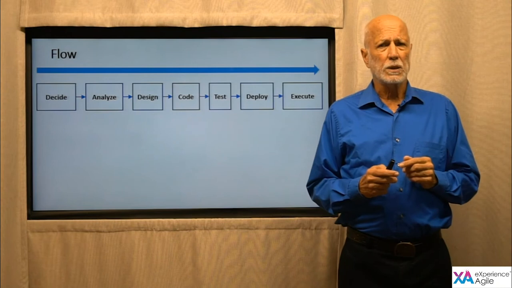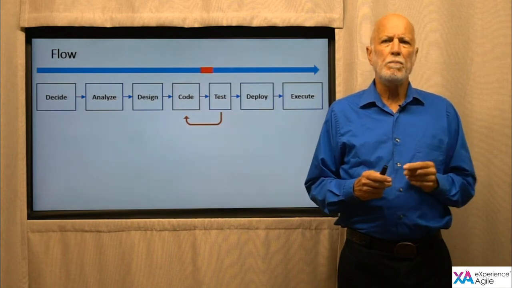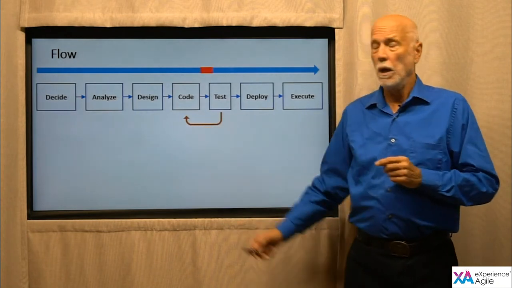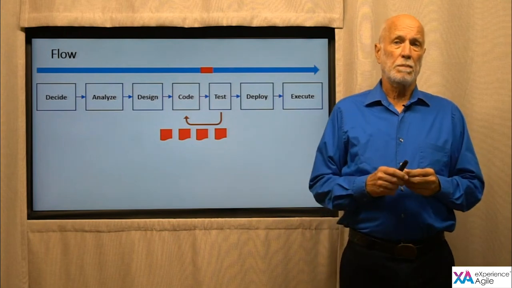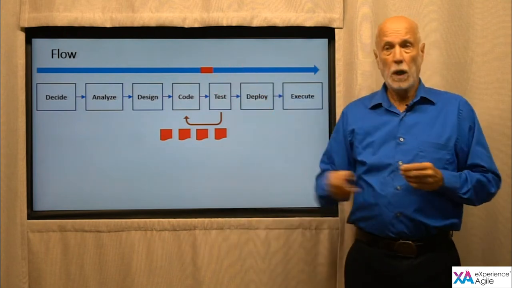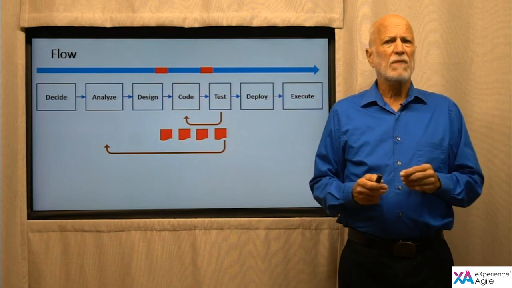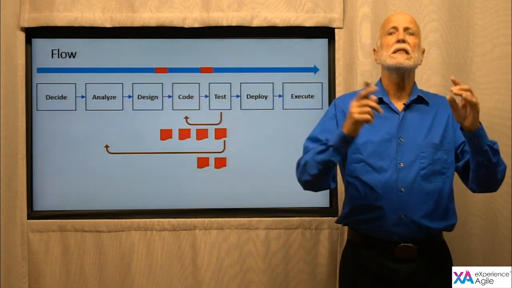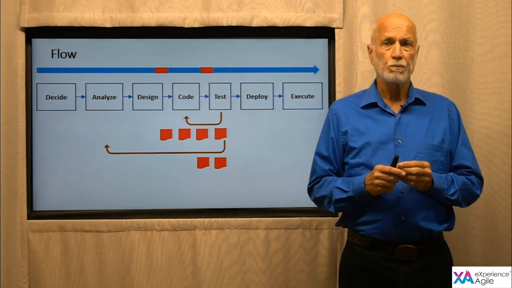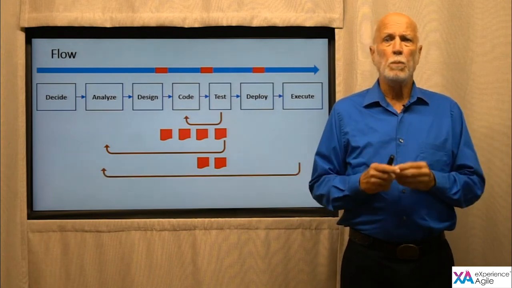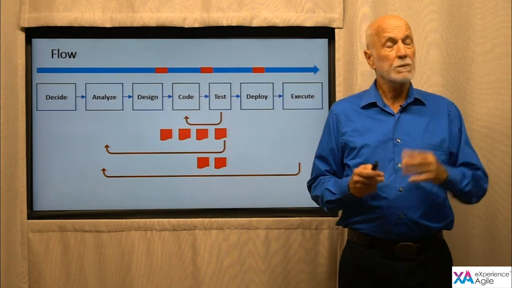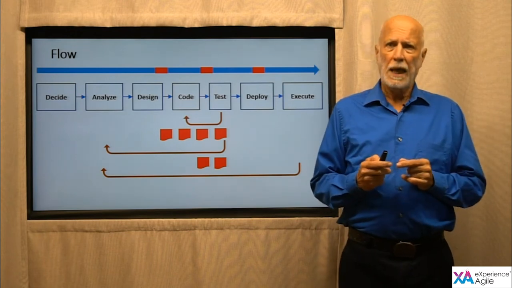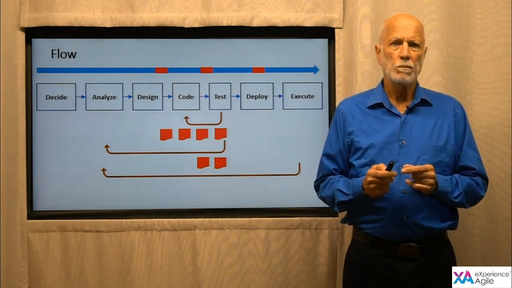But what happens is you get a loop back from test to code because the defects start to pile up, and that interrupts the flow. You get a loop back from test to analyze with more defects because you realize that you didn't understand the requirements. And finally, you may get some loop backs from execute to analyze because maybe there's still a misunderstood requirement.